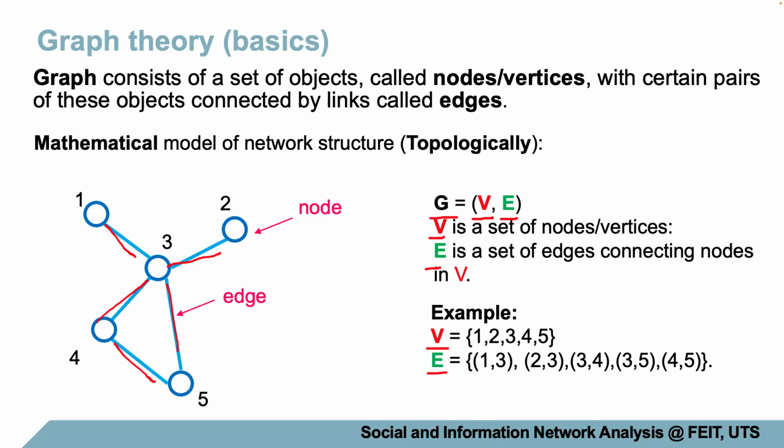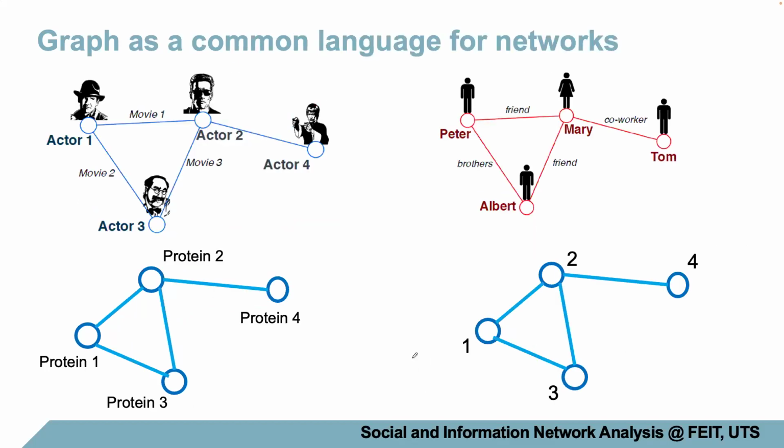A graph is strong when we use language to describe networks. Just some simple examples here. You can use a graph to describe actor networks. For example, here the nodes represent actors, and if they appear in the same movie, then there will be an edge between them.